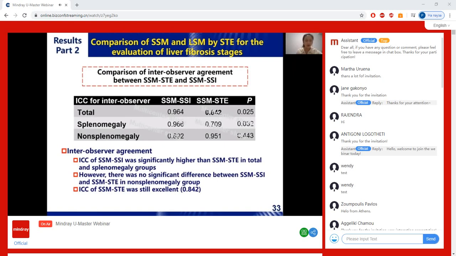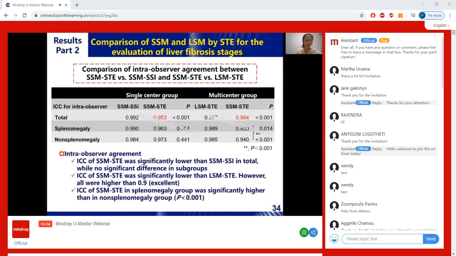However, there was no significant difference between SSI and STE in non-splenomegaly group. ICC of spleen stiffness measurement by STE was still excellent.